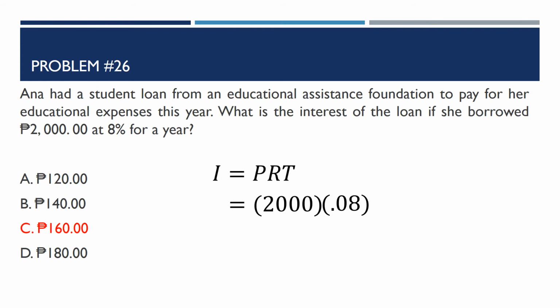So how did we get 0.08? We simply divide 8 by 100, and then the time, or the t, is 1 year, so it's times 1. Then multiply all these three, you will get 160.